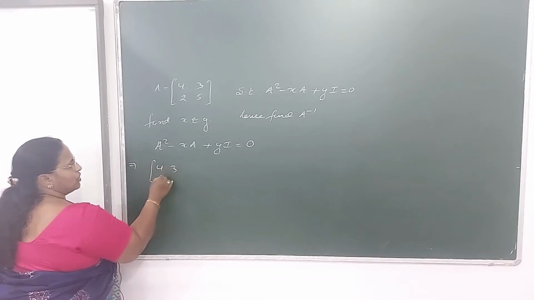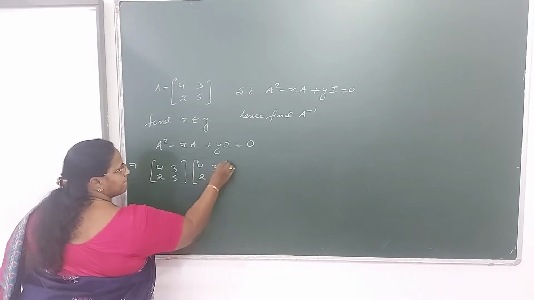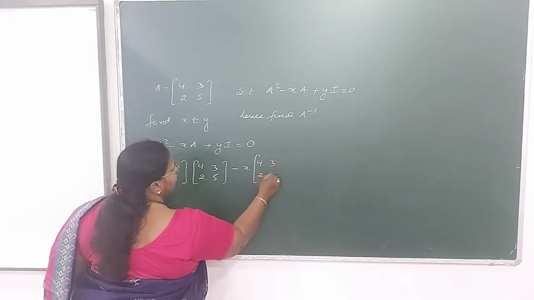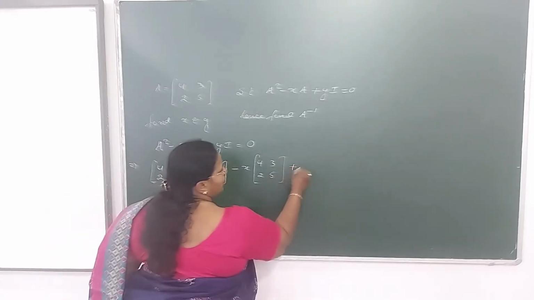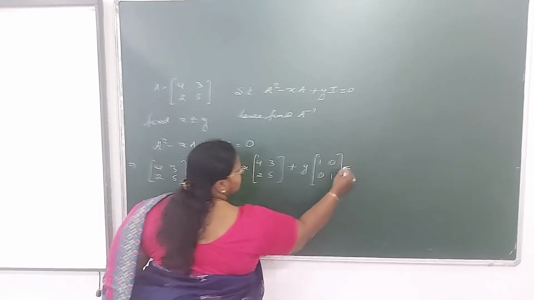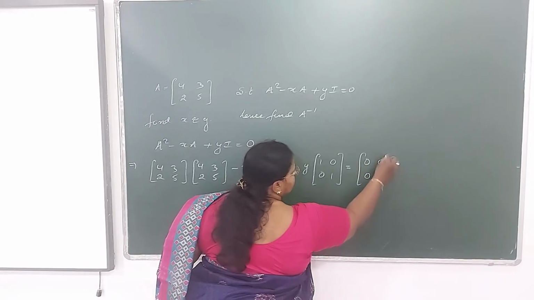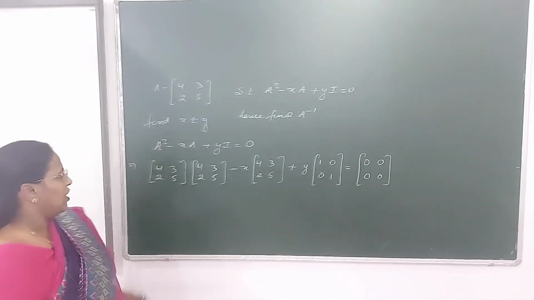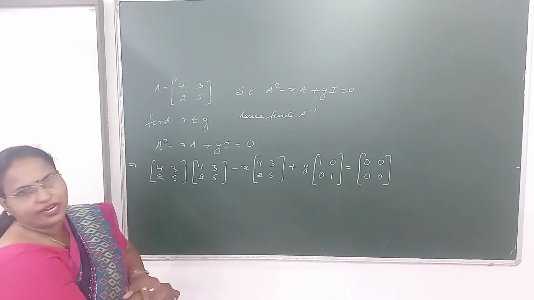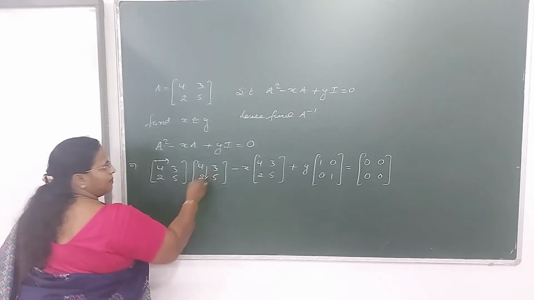A square means [4, 3; 2, 5] into [4, 3; 2, 5], minus x times A, so it's x times [4, 3; 2, 5], plus y times I, so it's [1, 0; 0, 1], and the right hand side is the null matrix, so each and every entry is 0. Now we'll be simplifying the left hand side and we'll compare it with the right side, and finally you can get the values of x and y. Okay, fine.